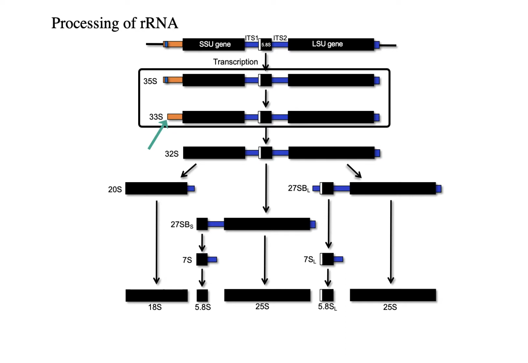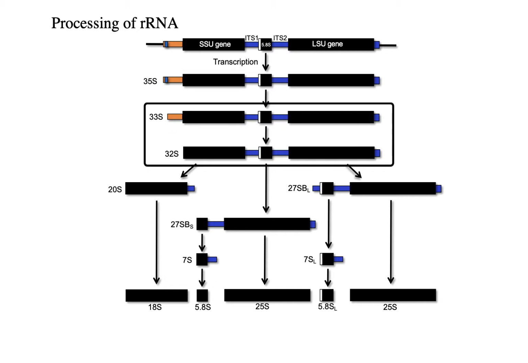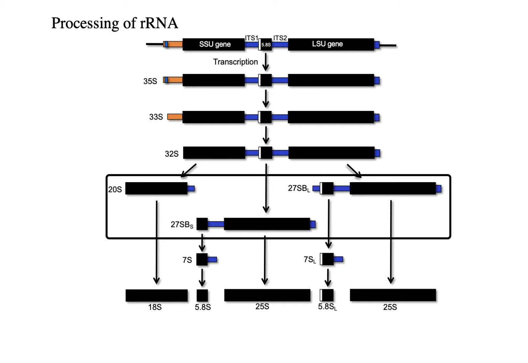The first thing that happens is that end that contains the promoter region is chopped off, and then that 5' external transcribed spacer is cut off, and then the ITS1 is chopped, and so that separates the 20S, which contains the small subunit ribosomal RNA, from the piece that contains the large ribosomal RNA and the 5.8S ribosomal RNA as well.